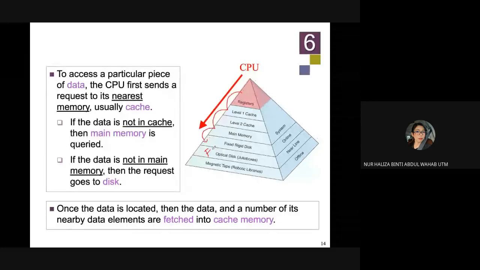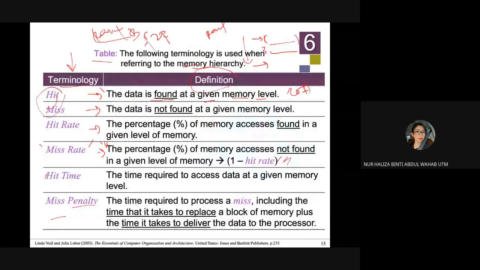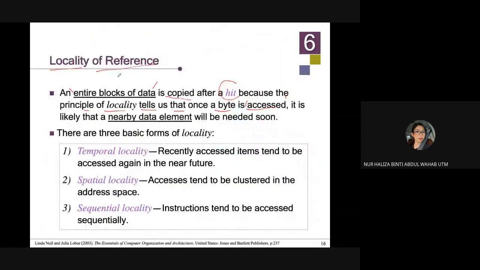When you find it, you hit, found. After you found it, then you're going to take the entire block of data. I just give you an example, you only want to pull this one, right? So when you hit, it means that you can access it, and this is through your principle of locality. It is likely that nearby data elements will be needed soon.